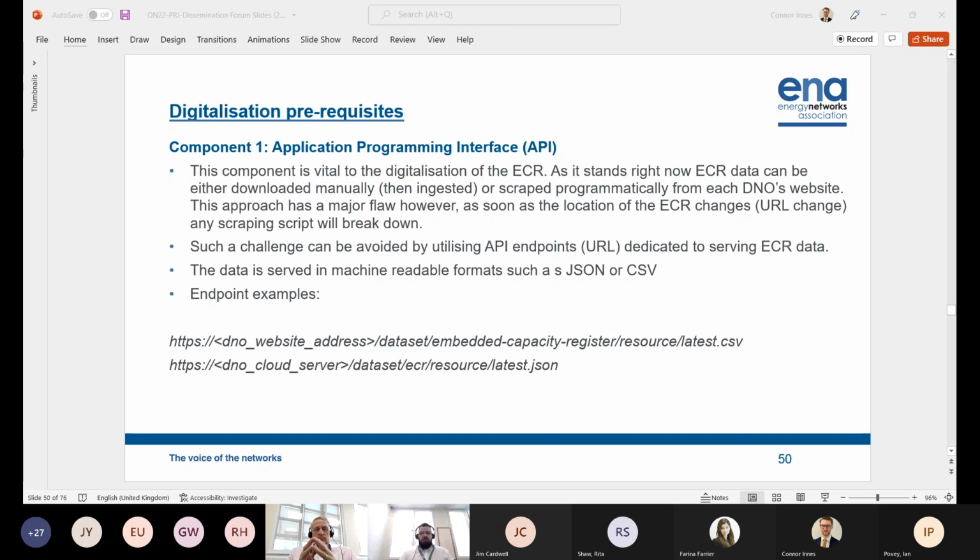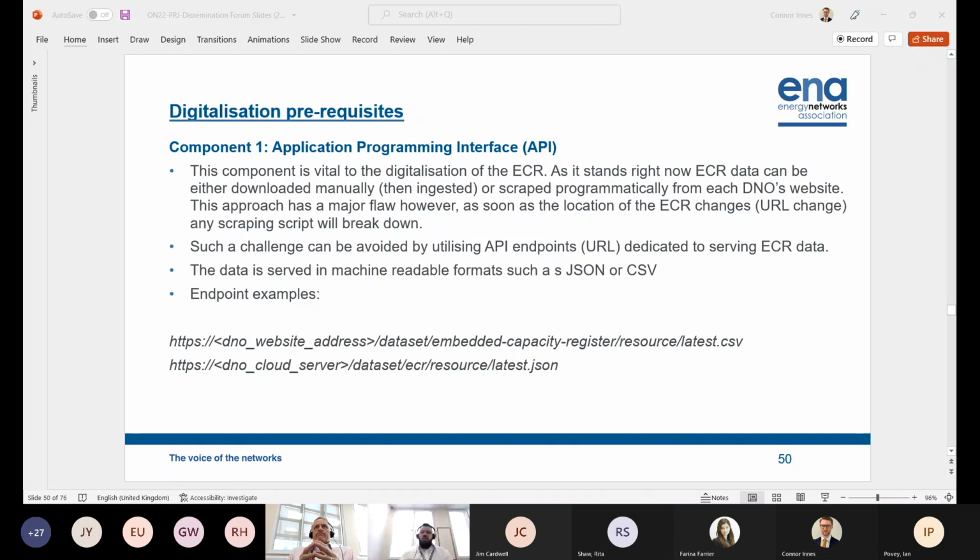In the grand scheme of things, an API will just allow a given user to consume ECR data using scripts, in whichever programming language they decide to use. So this component is very much vital to digitalizing the ECR.